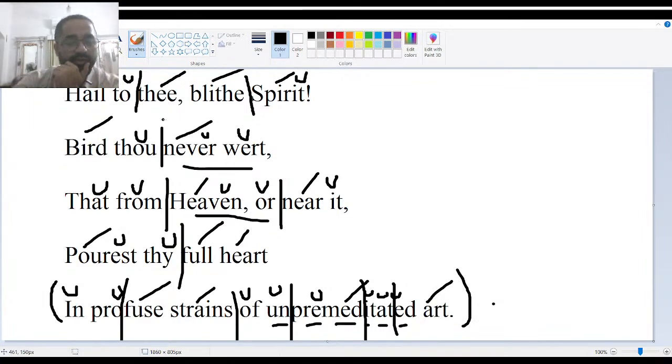Apart from other variations like the second foot in the first line, the second foot in the second line, the first foot in the first line, the second foot in the third line, it is mostly composed of variations, although the rhythm is trochaic. Okay. The next example.